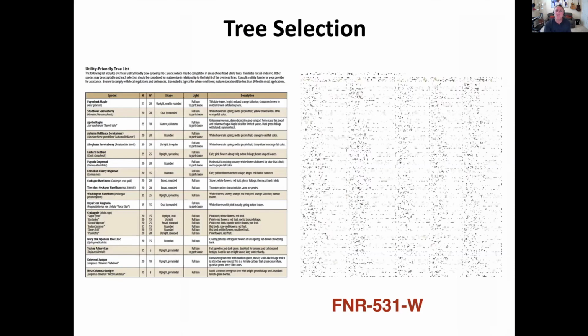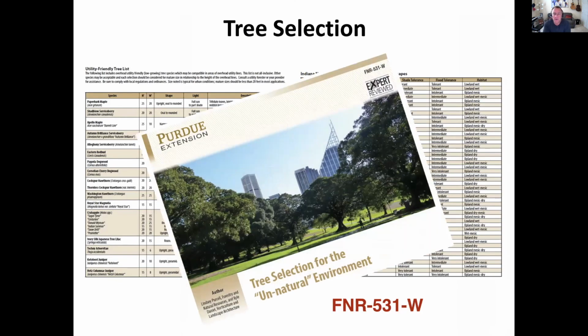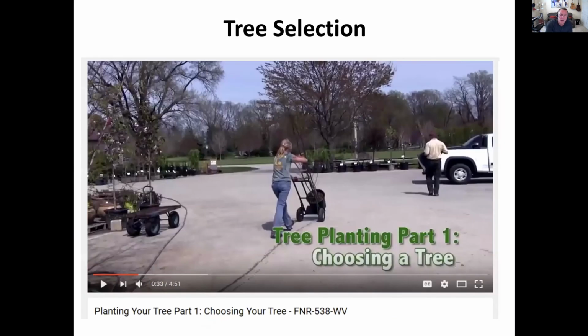So just some resources to finish up here that are available to you. FNR 531 is available at the Purdue Education Store for some lists and to talk a little bit more about what I discussed in this presentation. There's also an accompanying video that can be helpful in training and learning a little bit more about choosing the right tree for the right place.